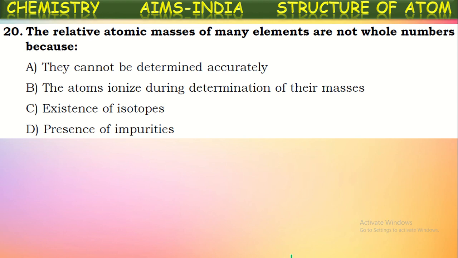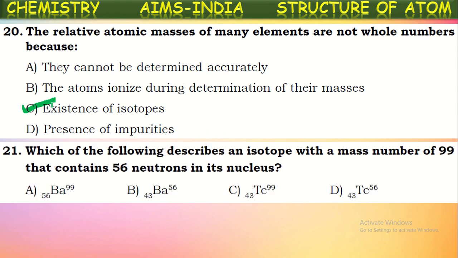Because of the existence of isotopes, their atomic masses are calculated by taking the average masses of all these isotopes. We have one formula for the calculation of atomic weight or average atomic mass for those elements with considerable amounts of isotopes. By calculating with the formula, we get certain fractional numbers for those. So the reason for having fractional numbers is the existence of isotopes for those elements. Okay.